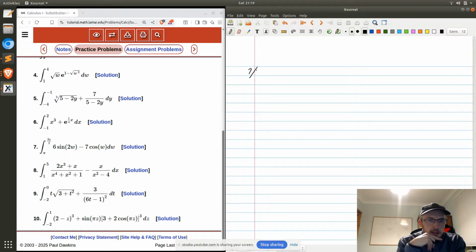For number 7, this is one that you can split. It's just a case of once and for all remembering what happens to the constants.